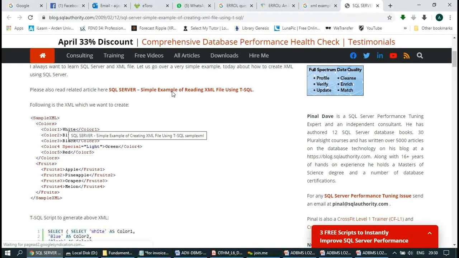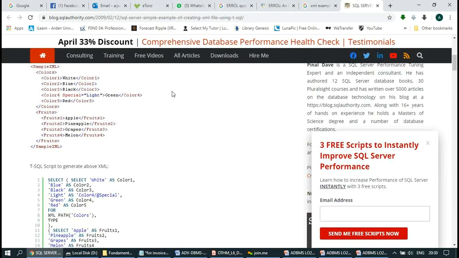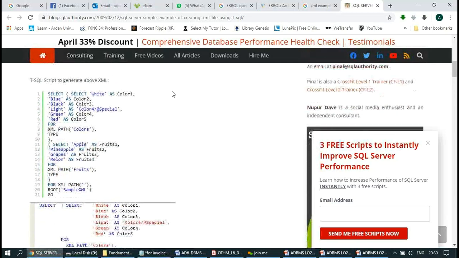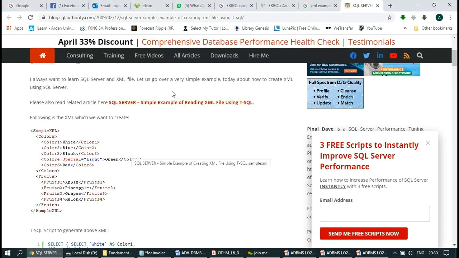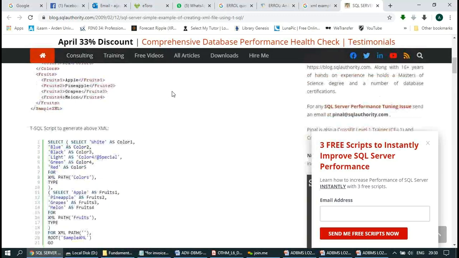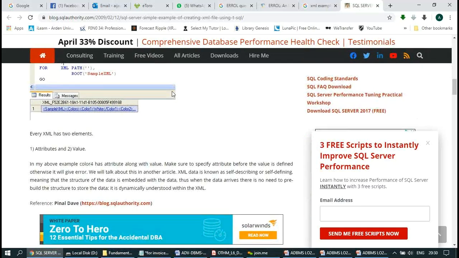Colors is the outer tag, and color 1 is white, color 2 is blue, color 3 is black, color 4 is green. Then fruits: fruit 1, fruit 2, fruit 3. Now what if you want this to be stored as a database? Then it requires a kind of language behind it to validate that data. Make sense?